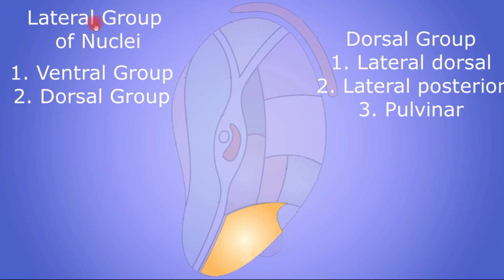So the lateral group of nuclei is divided into the ventral group and the dorsal group. These structures here are the dorsal group of nuclei and these structures here are the ventral group of nuclei, which consist of various different nuclei.